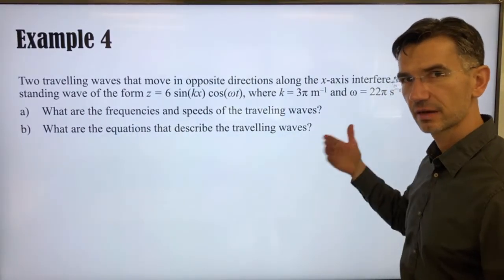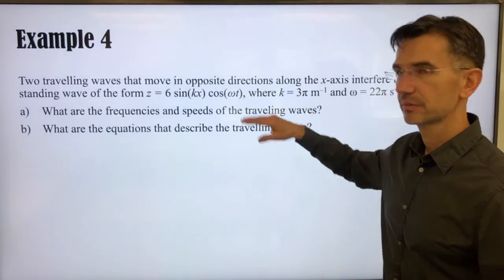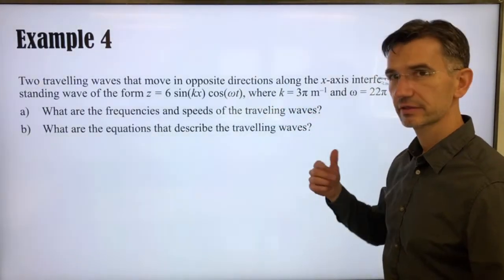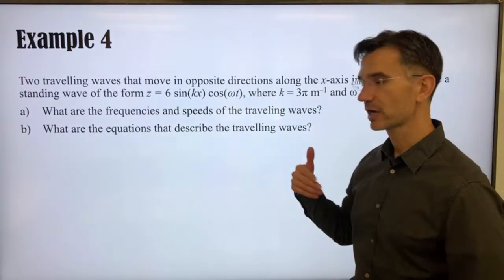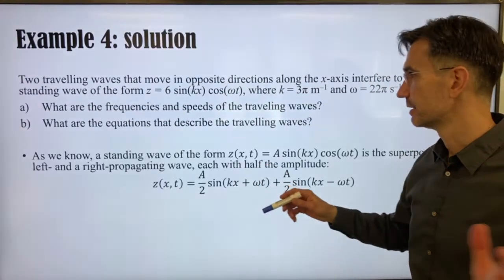This is the angular frequency in radians per second of the combined standing wave. The question is, what are the frequencies and the speeds of the two traveling waves? And the second part is, what are the equations that describe the traveling waves themselves, as opposed to the standing wave? All right, let's do it.